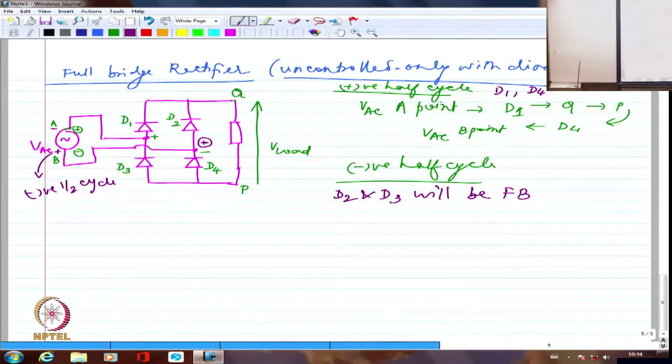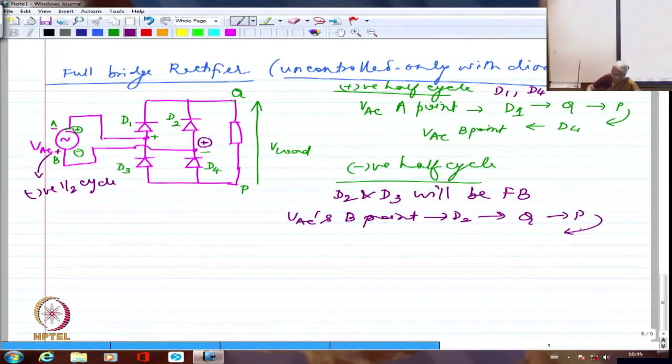VAC's B point, D2, Q, P, and from there it will go to D3 and then VAC's A point. This is the way it is going to conduct. Right?